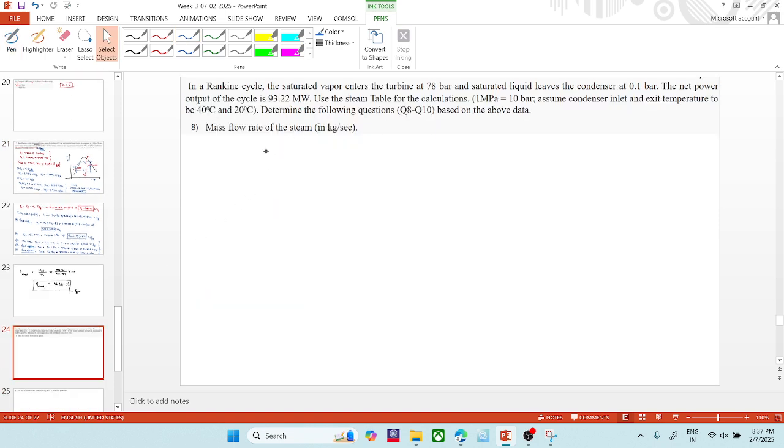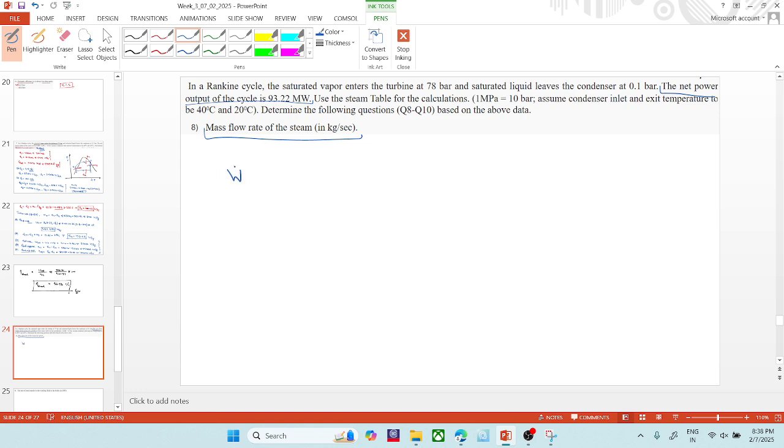The next problem asks to calculate the mass flow rate of the steam. What they have given is that the net power output of the cycle is 93.22 megawatt.